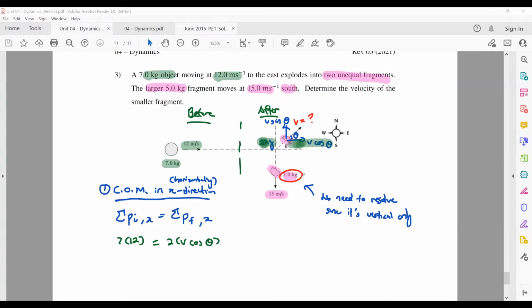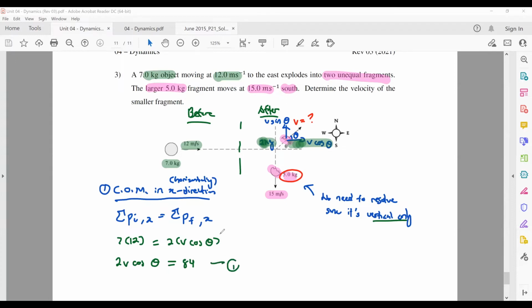The 5 kg fragment has no horizontal momentum because it's only vertical, so I don't have anything to write. So I will only end up with this equation here: 2v cos theta equals 7 times 12, giving me 84.